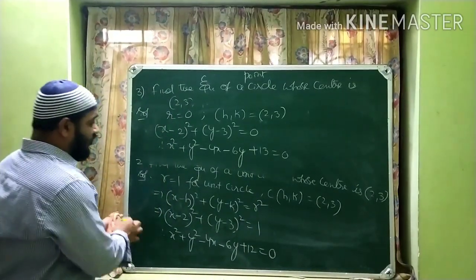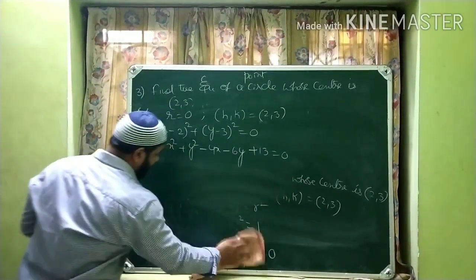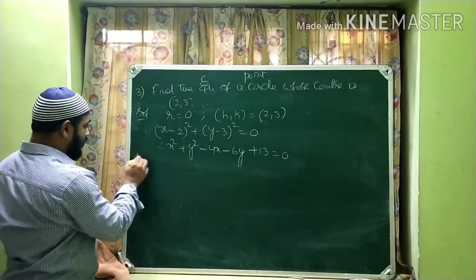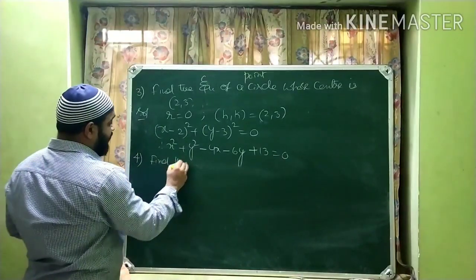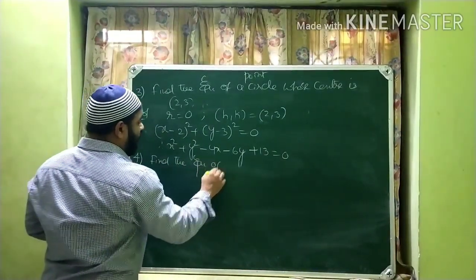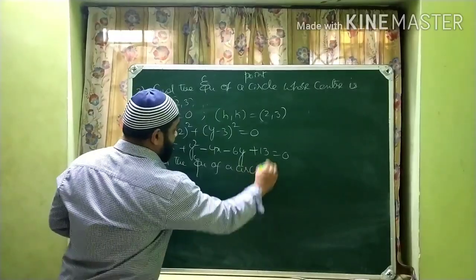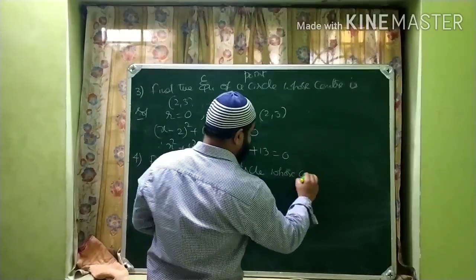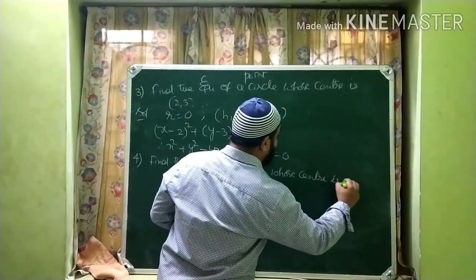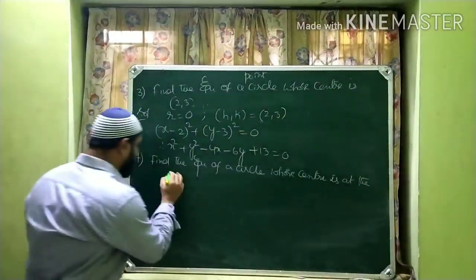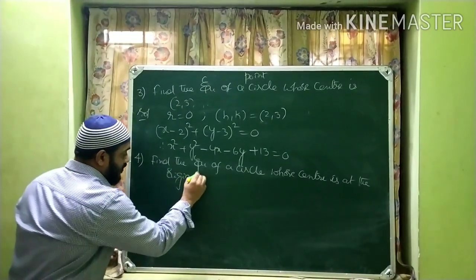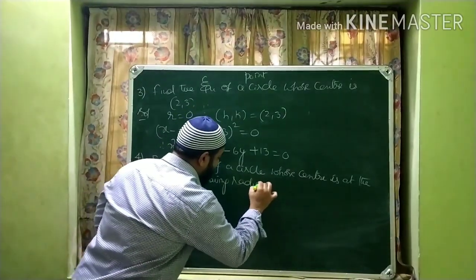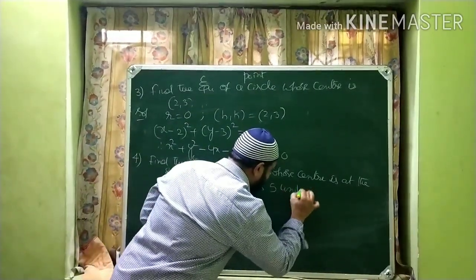Likewise, what is the fourth example? Find the equation of a circle whose center is at the origin and having radius 5 units.